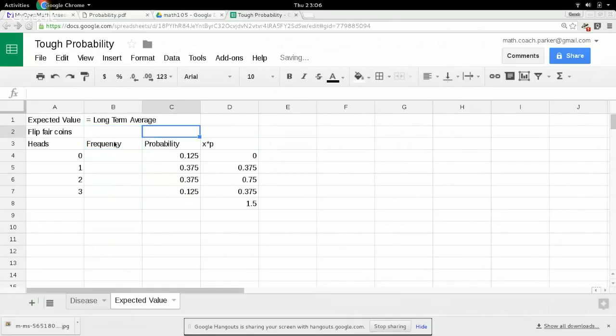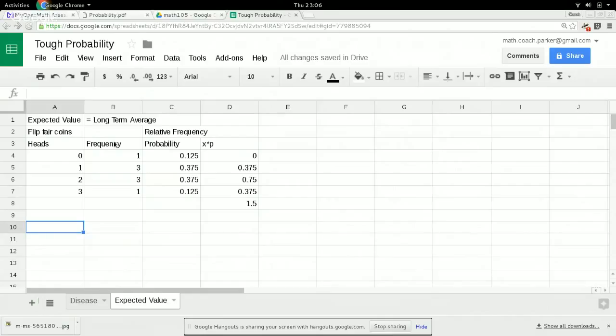Remember, probability is another term for relative frequency. That's the empirical or the experimental definition of probability. Frequency here would just be 1, 3, 3, 1. And those are the weights of each of these.